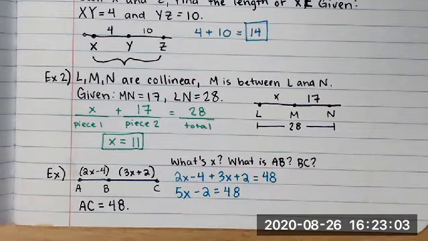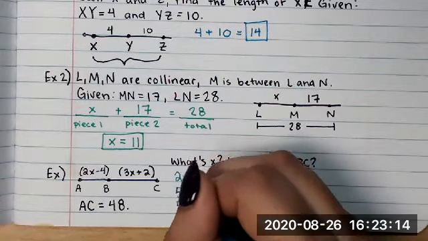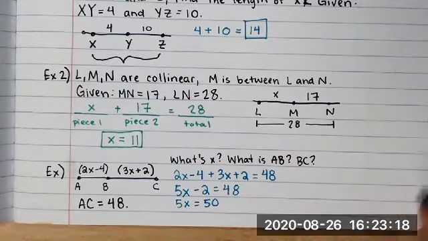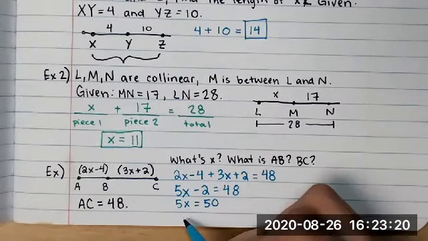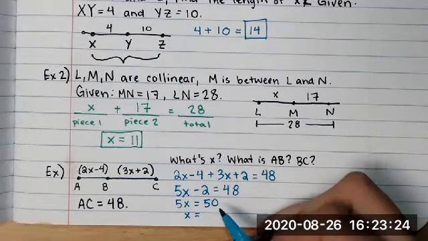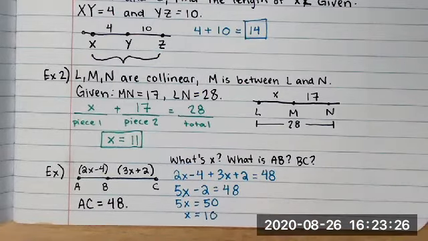And now I have a two-step equation. So if I add 2 to both sides, I'll get 5x equals 50. And then divide both sides by 5, and you'll get the answer is 10.